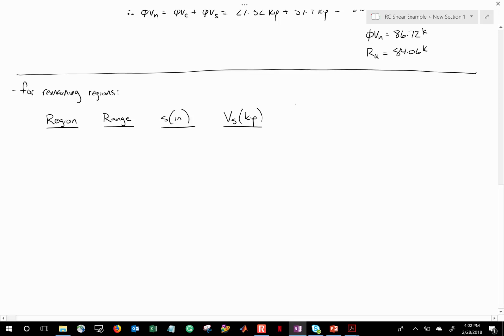I should have warned you there's going to be a table that goes along with this, but I've only got one more column.